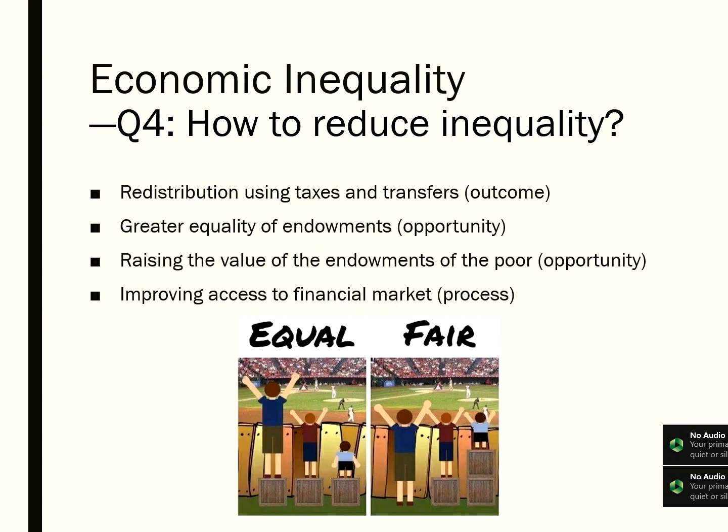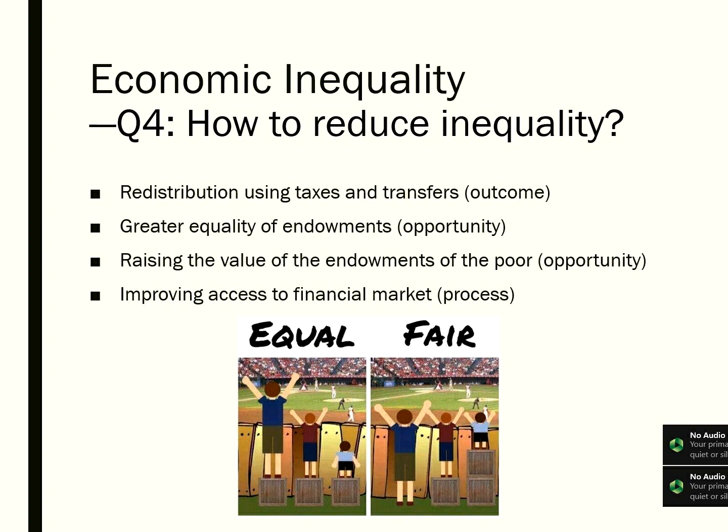Finally, let's address how to reduce inequality if it is too high. The most effective way is redistribution using taxes and transfers, so that the rich can give out some of their income to the poor to reduce the inequality. But this is a reduction of inequality in outcome.